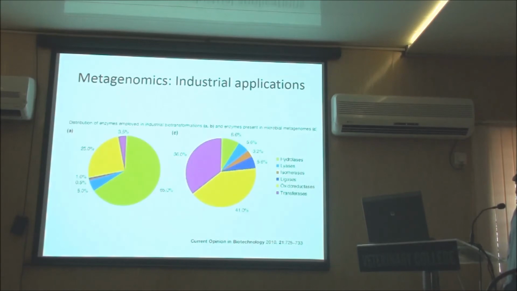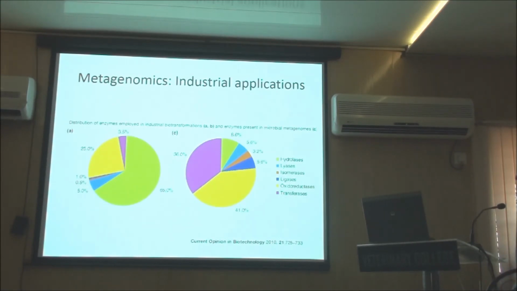On the right hand side you will see that the available metagenome sequences have huge repertoires of oxidoreductases and transferases, and transferases are something we are running short of in the currently available industrial enzyme repertoire.